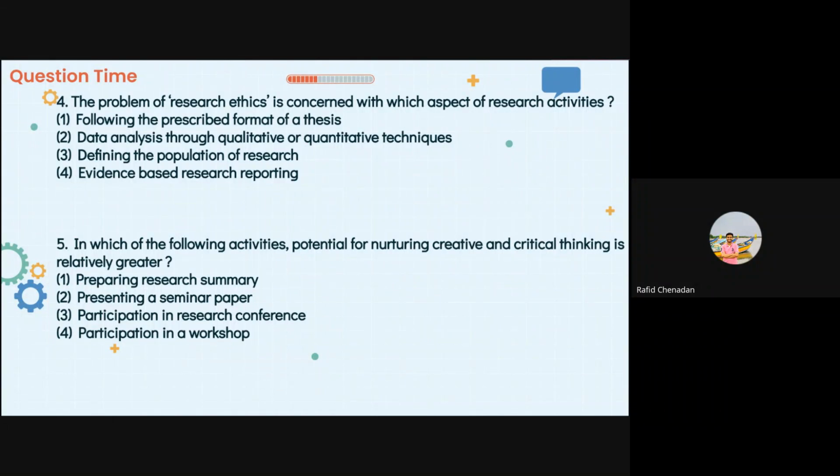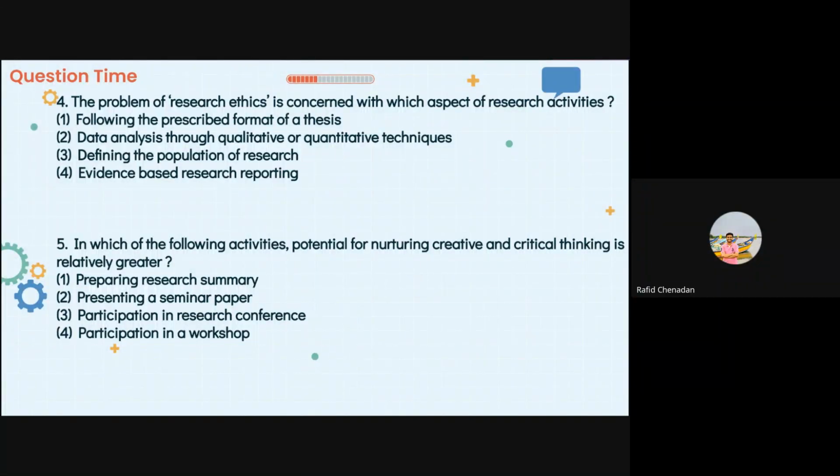Two, 4, 1, 2. Okay, is that it? Any more answers? I think we have 1, 2, and 3 so far, and 4 also. Okay, we have all answers. So we'll discuss all options as well.